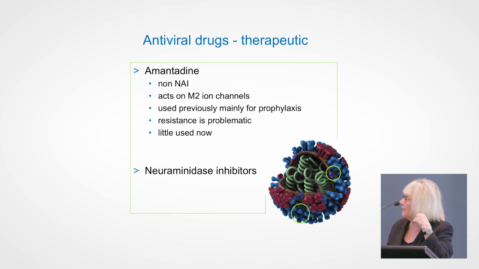It was previously used mainly for prophylaxis, and the strains developed resistance to it very quickly, so it wasn't used a great deal. It hardly ever gets used now for treatment of influenza because we have better drugs, and these are the neuraminidase inhibitors, which target those neuraminidase spikes on the protein and prevent it from being released from an infected cell.